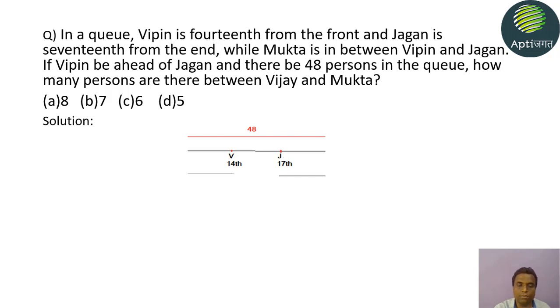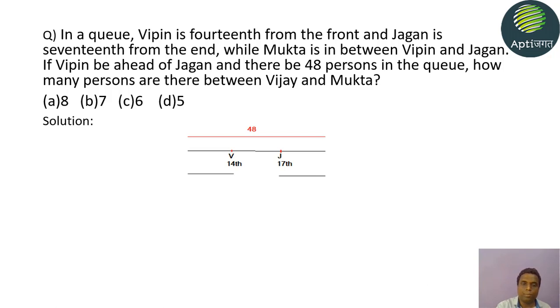First of all, we will see how many people are between Vijay and Jagan. If Vijay is 14 from front, till Vijay there are 14 people, and Jagan is 17 from right, which means after Vijay, including Jagan, there are 17 people later.